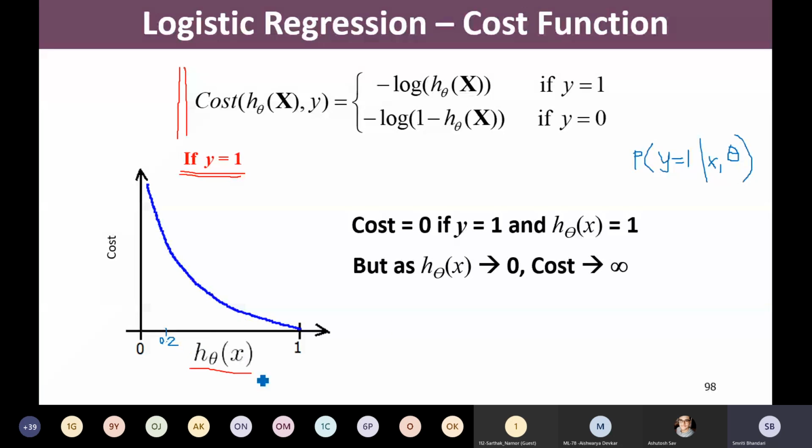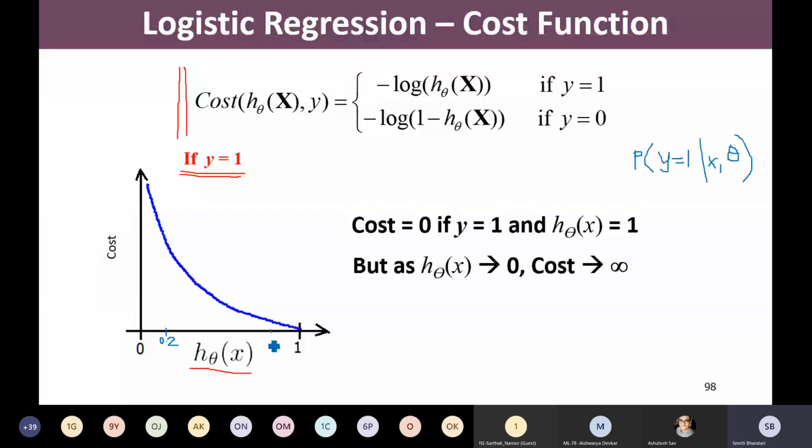My hypothesis is giving me a probability of 0.2, so I am interpreting it as there being a 20% chance that my example belongs to class y equal to 1.